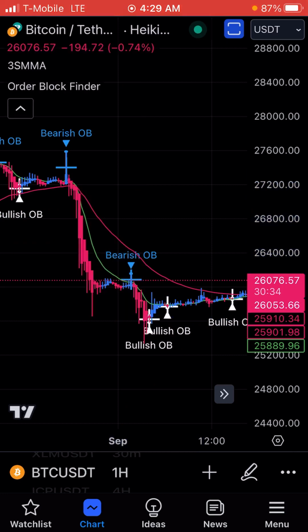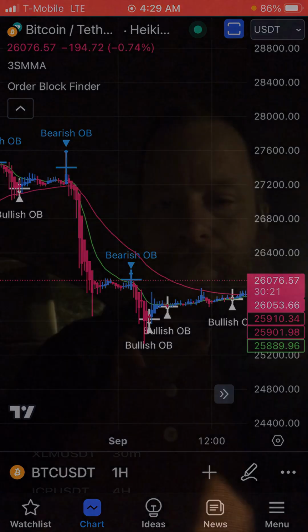So you can see that having the order block finder on your charts is very, very helpful, no matter what you're doing, whether that be Forex, stocks, or crypto. When you use these indicators and you're looking at the charts, there might be some lag before it actually shows up.